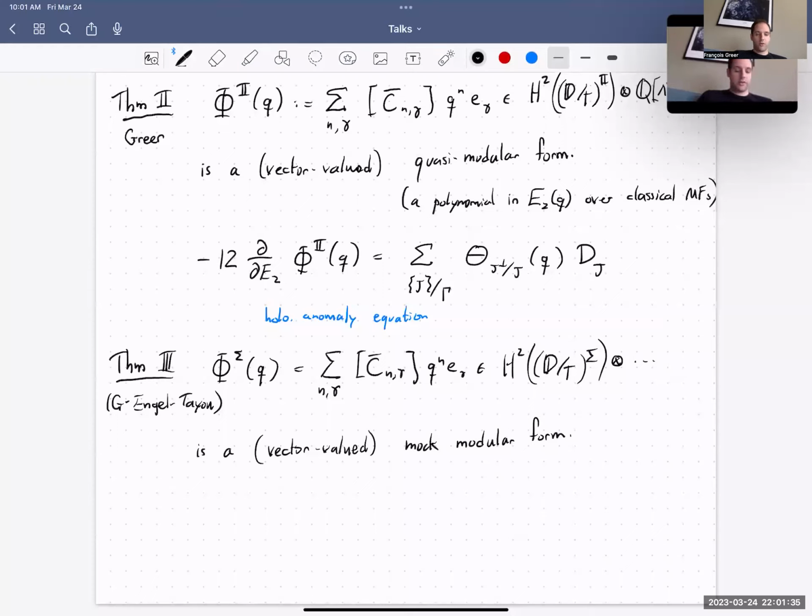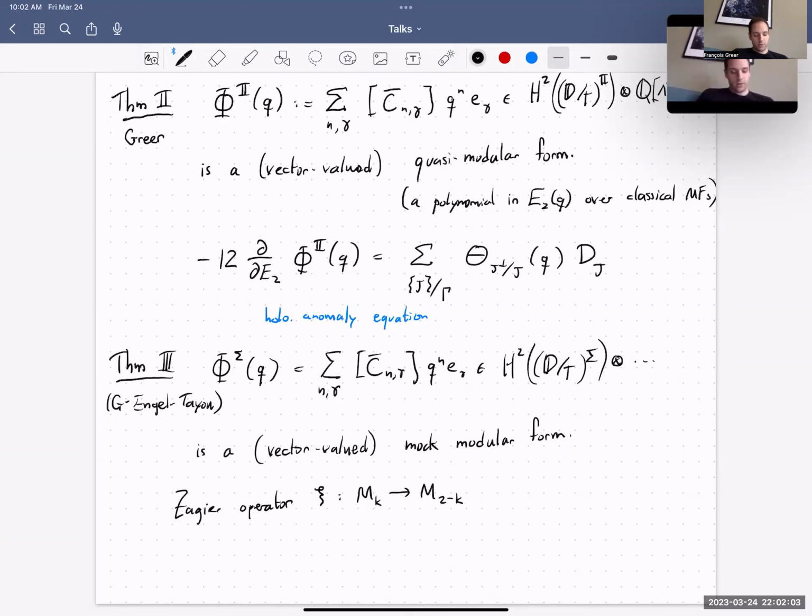And we also have a holomorphic anomaly type equation, but it looks a little different. So instead of just the partial derivative with respect to E2, we use these Zagier shadow operators. There's a Zagier operator that he denotes with a xi, which goes from Maass modular forms of weight k to 2 minus k.